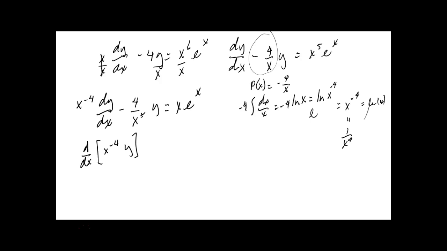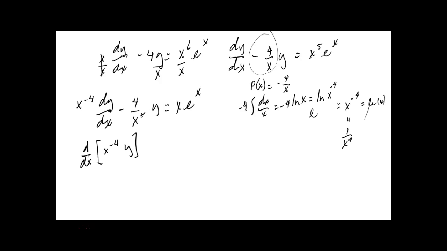Do you understand? Yes, sir. So I always like to check it and make sure, because if I made a mistake here, then the whole thing's going to be wrong. So let's see if the left-hand side is exactly a perfect derivative of your integrating factor, x to the minus 4 times y.